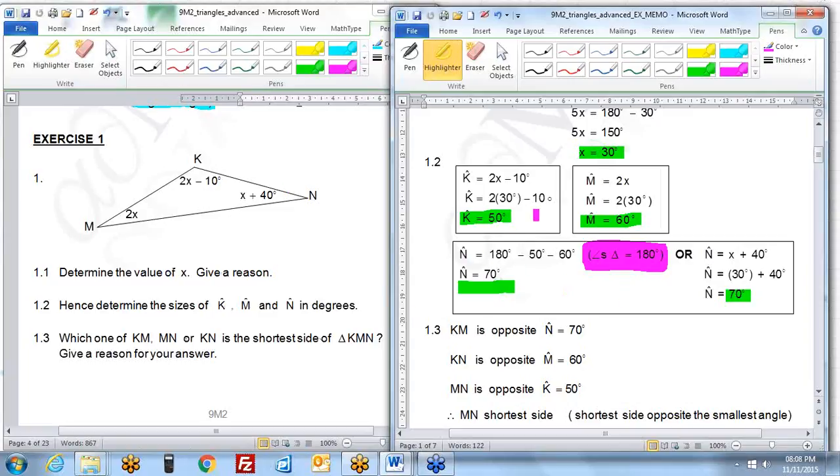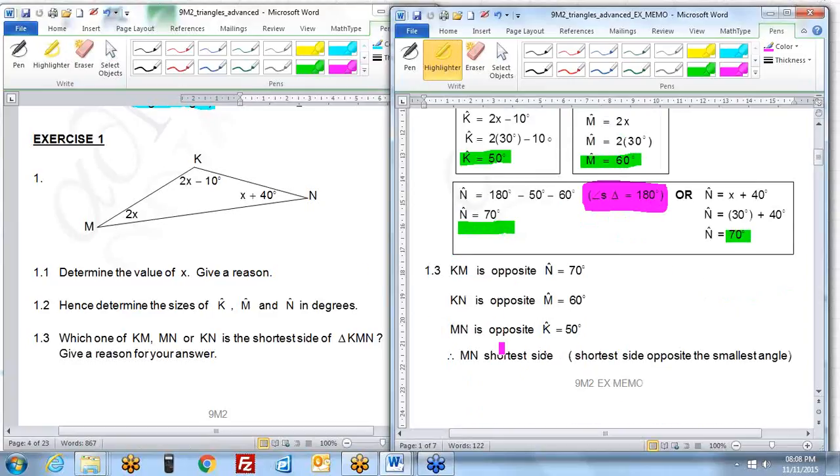You look at the smallest angle, and in this case it will be angle K. So let's look at the side that's opposite angle K, and it will be MN. So MN is the shortest side, but you have to mention what the other sides measure in length.